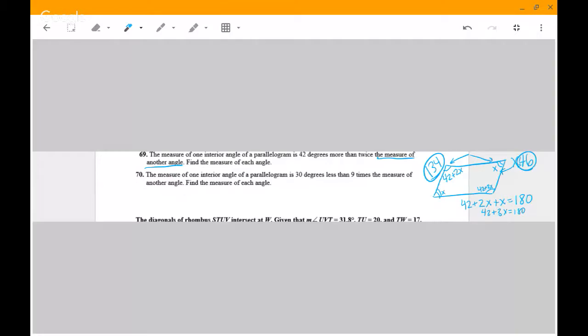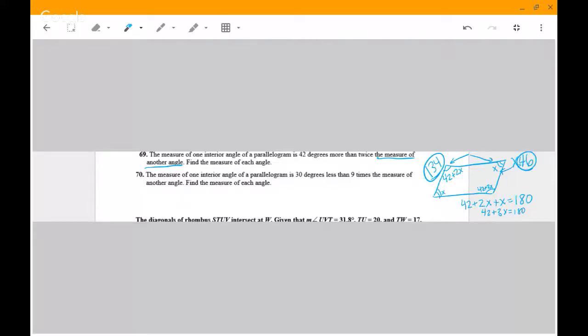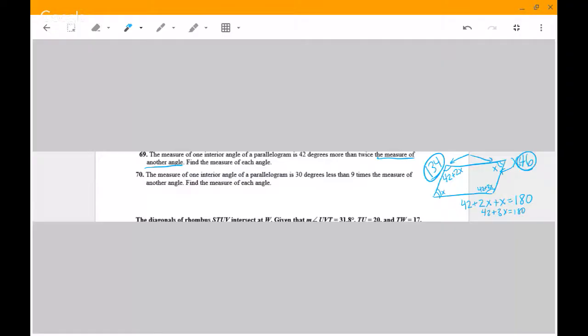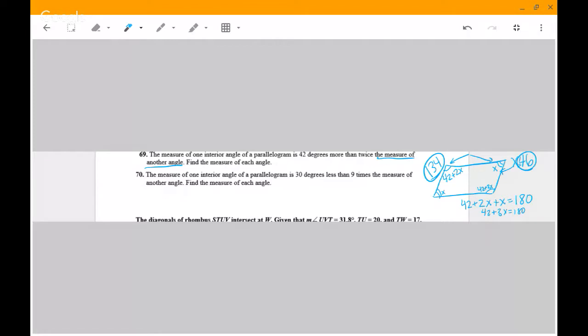Okay. And then for 67, I just wanted to clarify that. I think that one's where all the interior angles add up to 360. For 68, all exterior angles add up to 360.